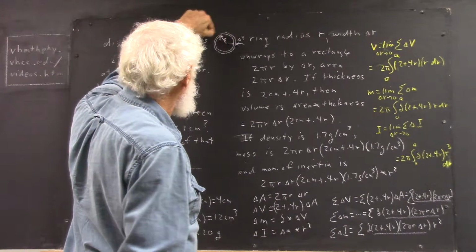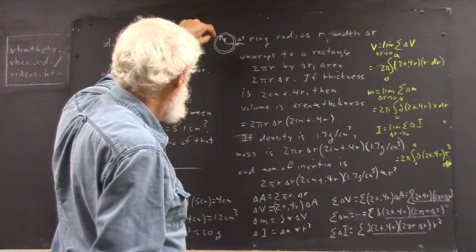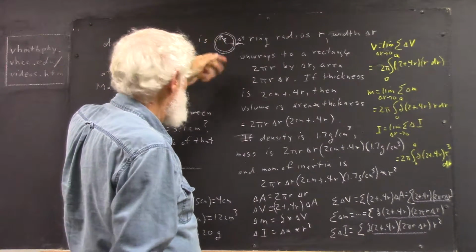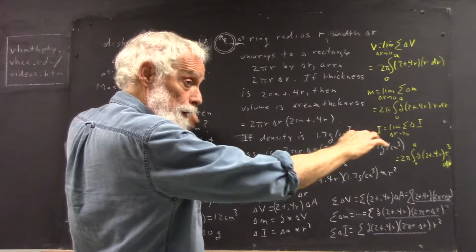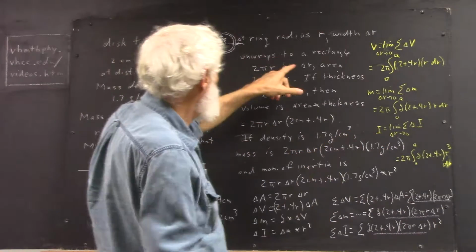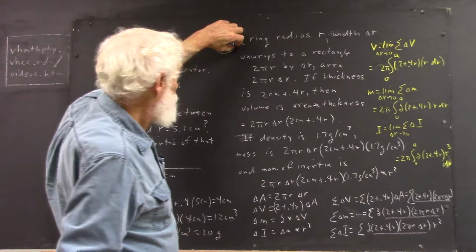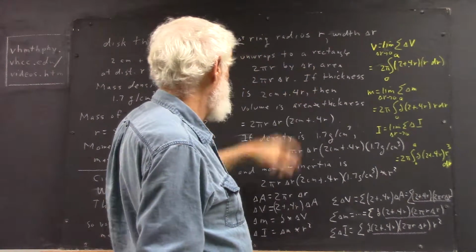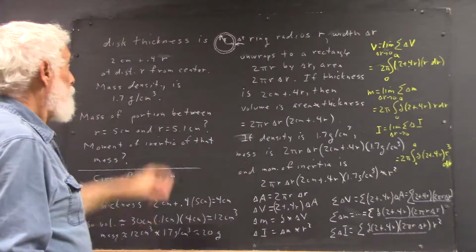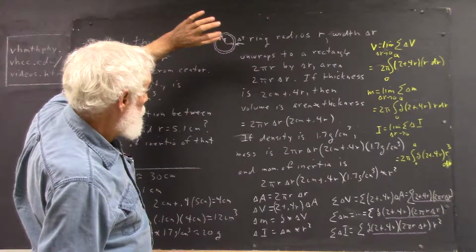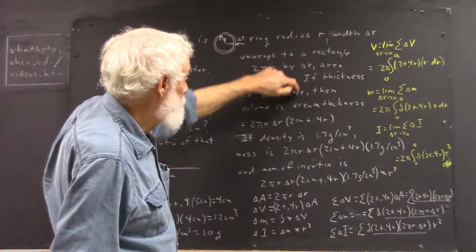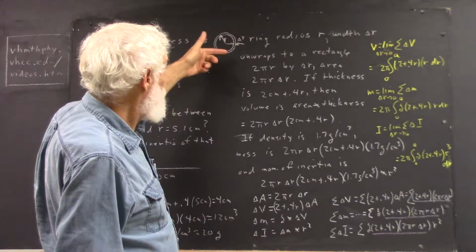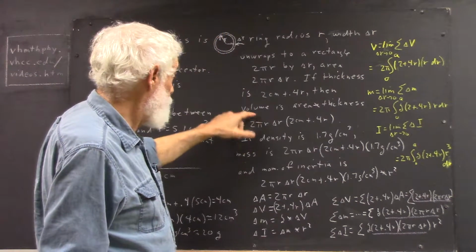Okay, well, what's the area of this thing? We'll work the thickness in a minute, but what's the area of this thing? Well, again, if we just slice the thing and straighten it out, it has a length equal to the circumference, which is 2 pi r, and a width of delta r, so its area is the length times the width, 2 pi r times delta r. And then if there's a thickness below that, a thickness of 2 centimeters plus 0.4 r, then we multiply that by the area of this thing and we get its volume.